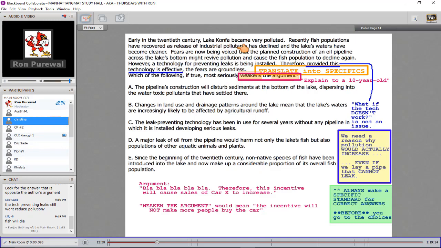Like 75% or more, 25% or less. When people don't do this right, they sometimes end up spending as much as 80% of the time looking at the answer choices, which shouldn't happen. You should have a standard, and then you can just look at the choices and see if they meet the standard or not. So if you're spending most of the time on the choices, that's not a good thing.